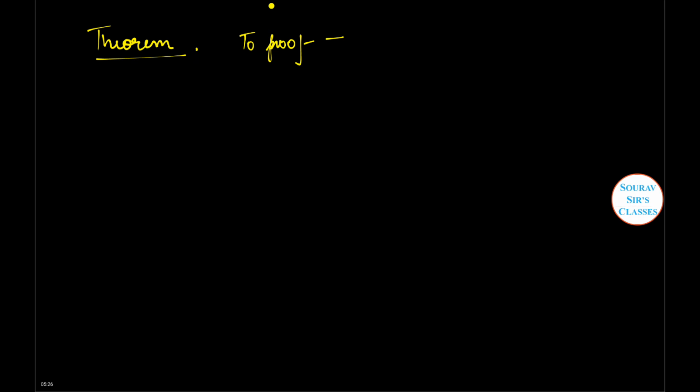Now students, we will do some theorems. The first theorem is that we need to prove that npx is equal to px into px plus 1 till px plus n minus 1. Now the proof.